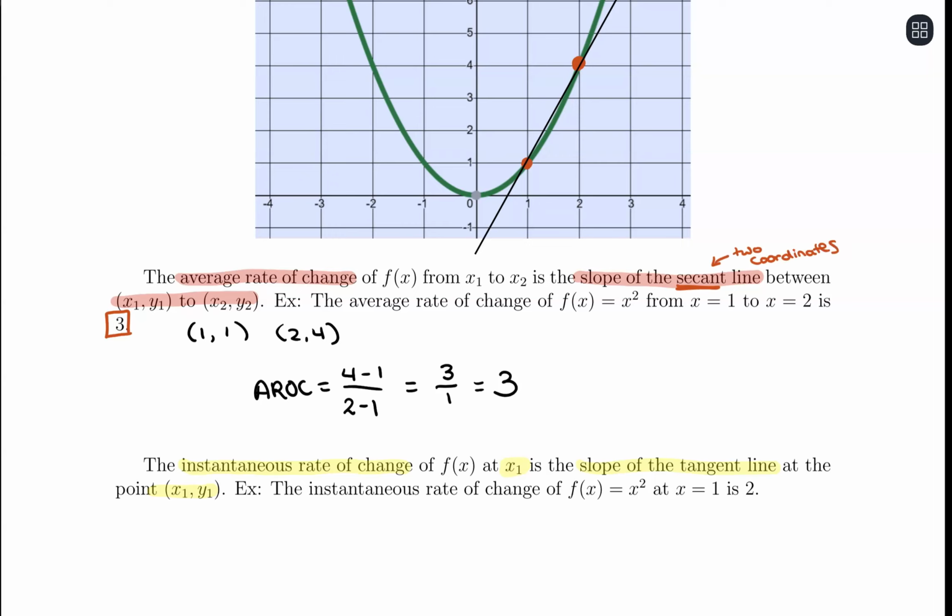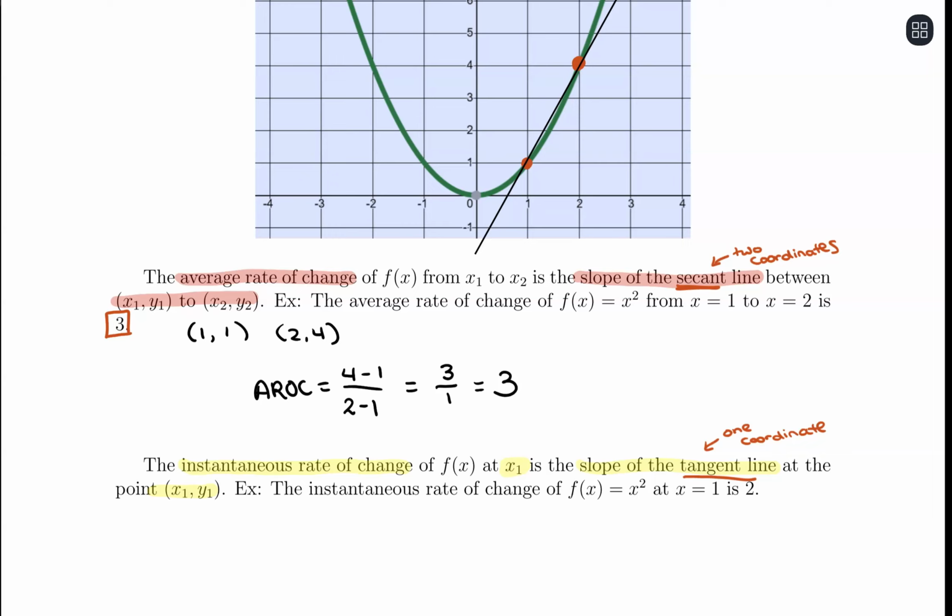Now we're talking about a tangent line, which has one coordinate to go through. But you might be thinking, how do we draw a line with only one point? The typical rule of thumb is you need two points to graph a line, so we need to approach it in a very specific way.